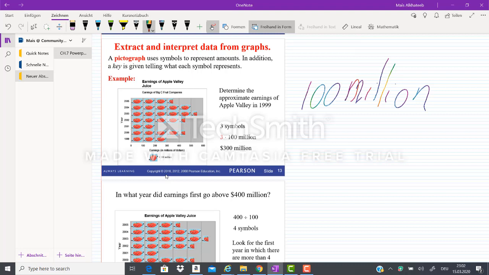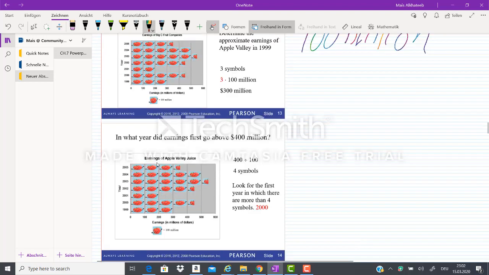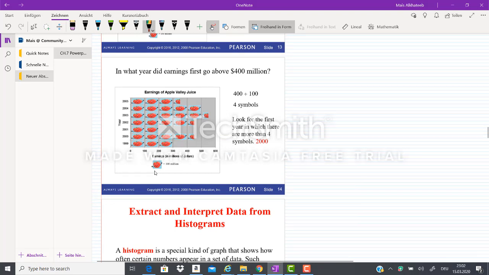Okay, earning in millions of dollars. So now we go down. In what year did earning first go above 400? In which year did the earning first go above $400 million? The first year it went above $400 million was in 2000.